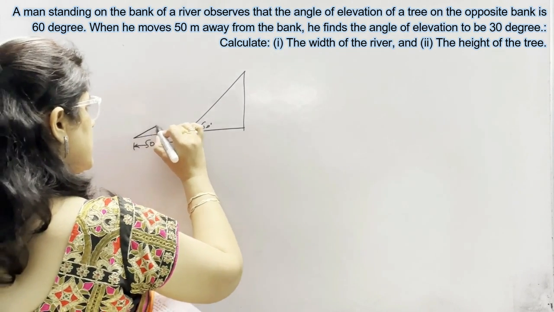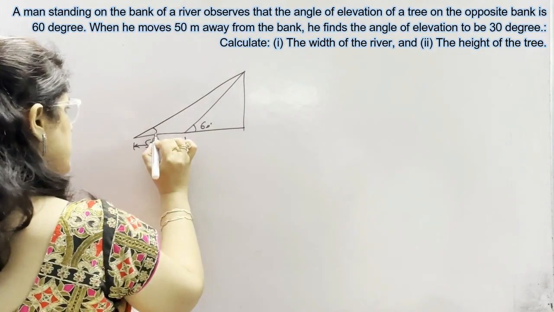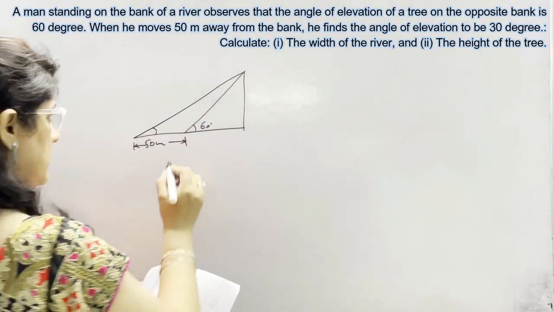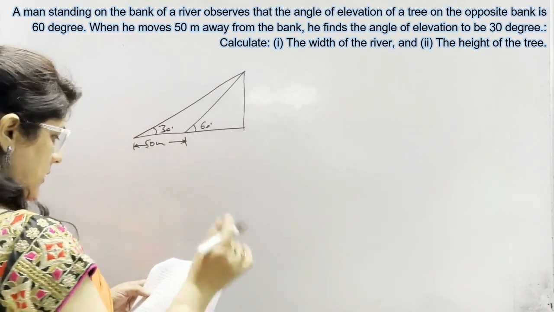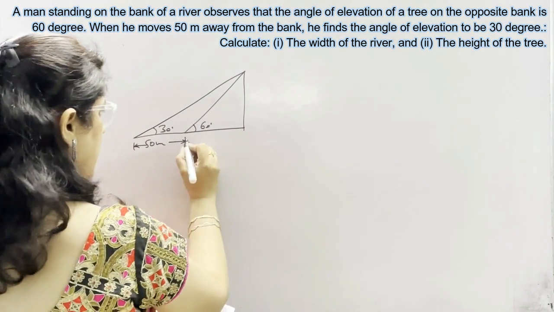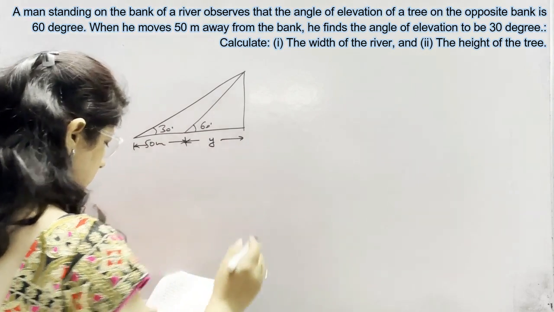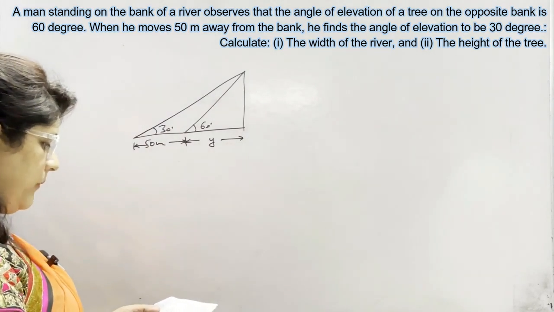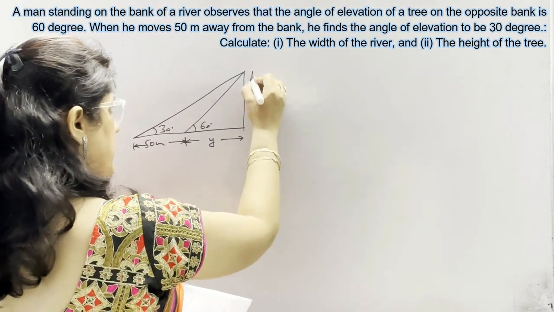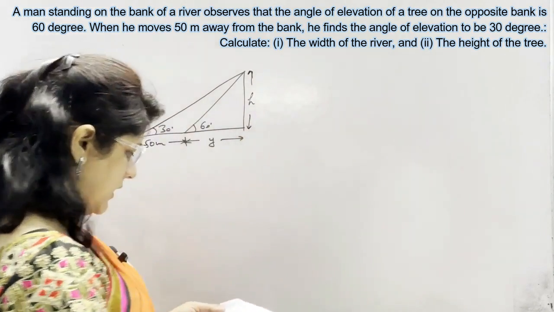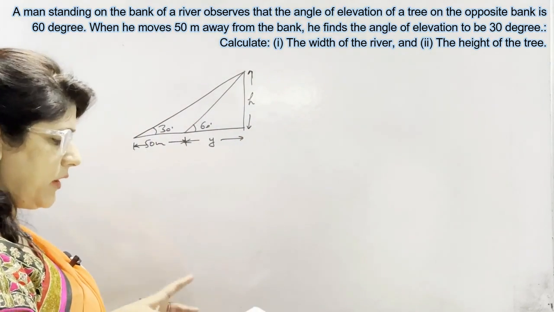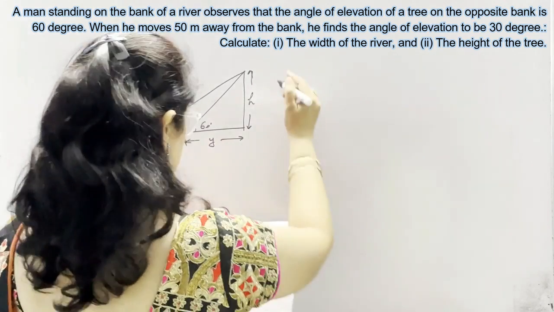In all these questions, if your diagram is correct, your answer is going to be 90% correct. Calculate the width of the river, which we can take as y. h is the height of the tree. We need to calculate both the width of the river and the height of the tree.